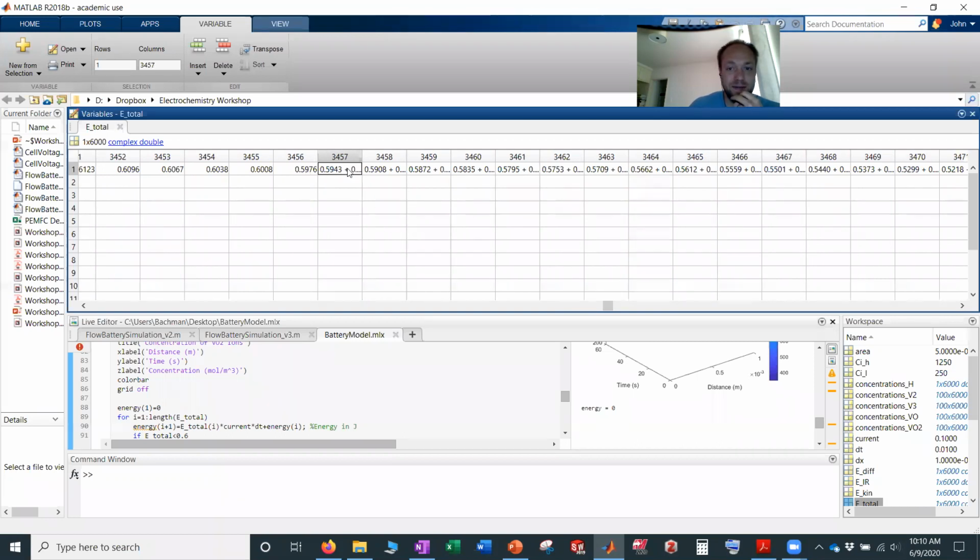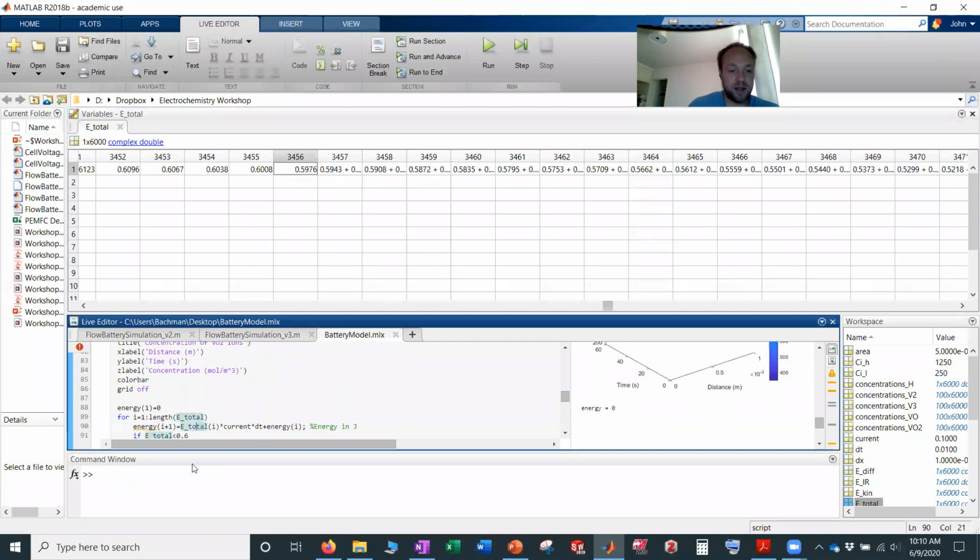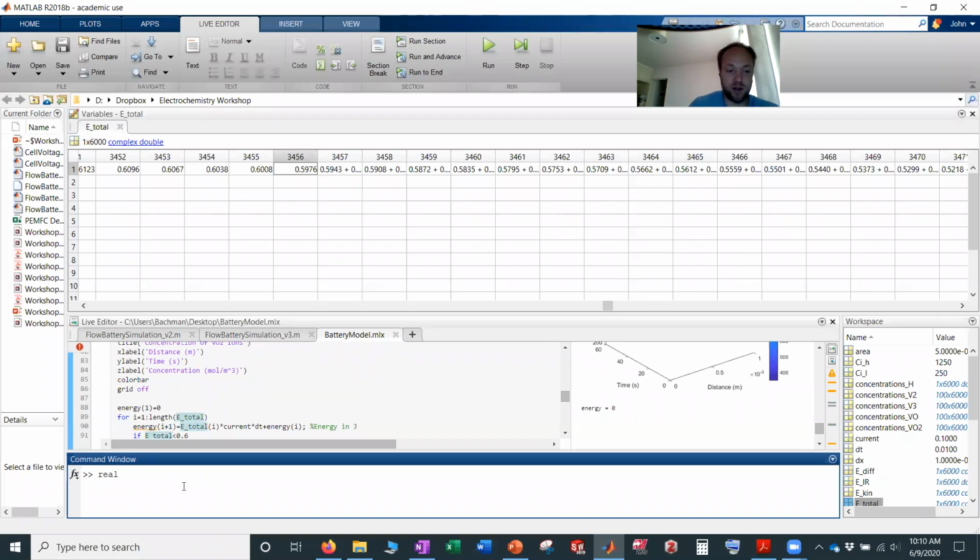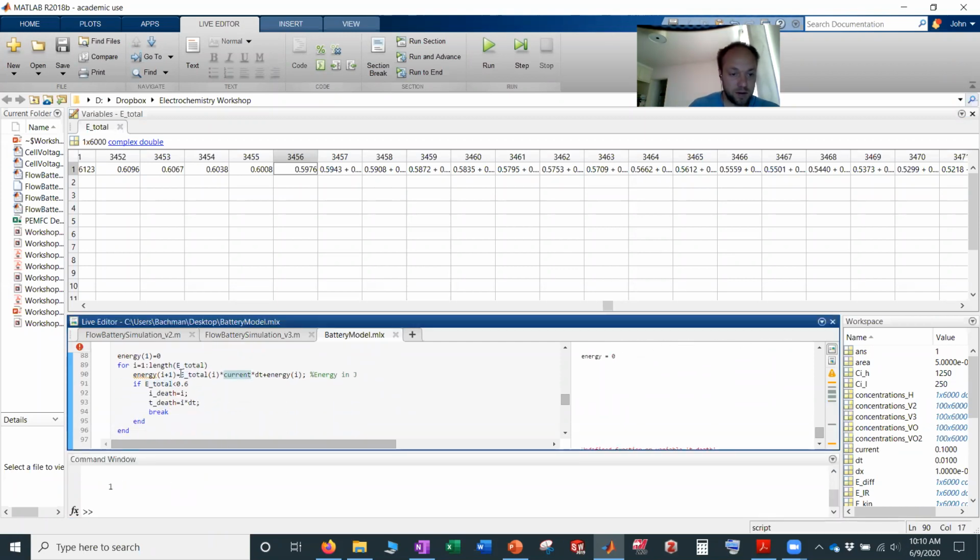So we could always try something like real of 1 plus 2i, so we could just take the real portion of it. I'm surprised it didn't jump into this. It should break.